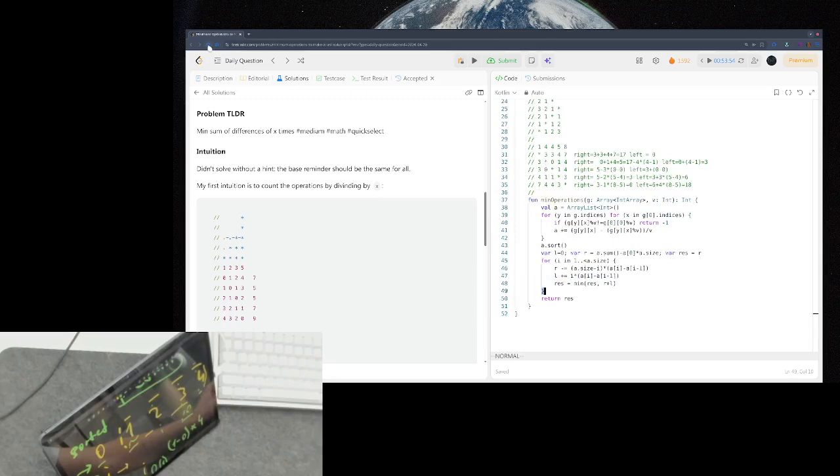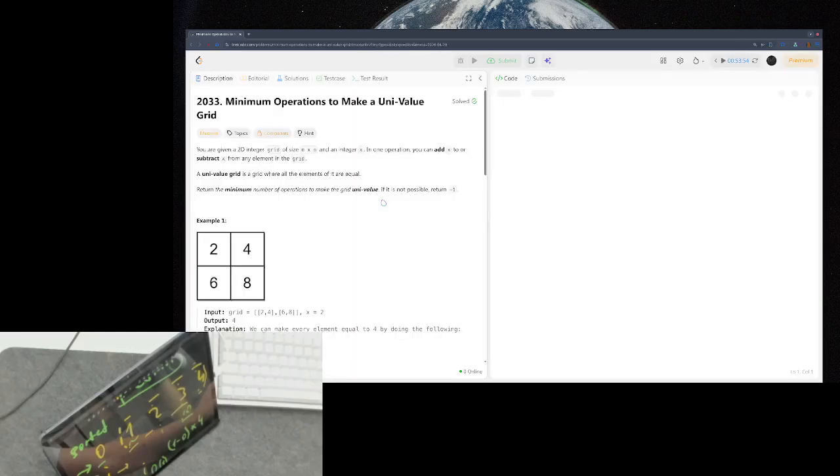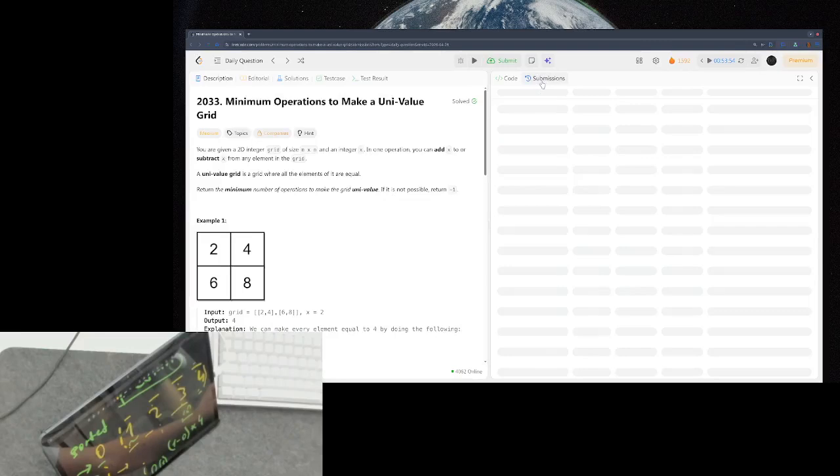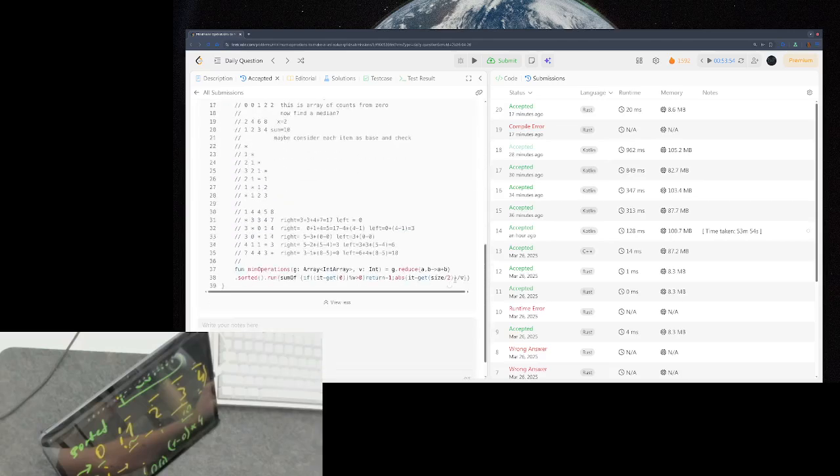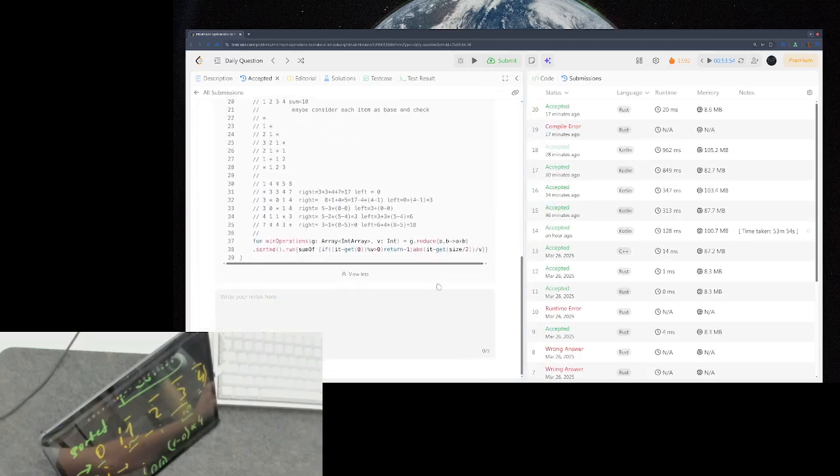Now let's look at the golf solutions. So this is a Kotlin one. They basically use the trick reduce to flatten this grid.